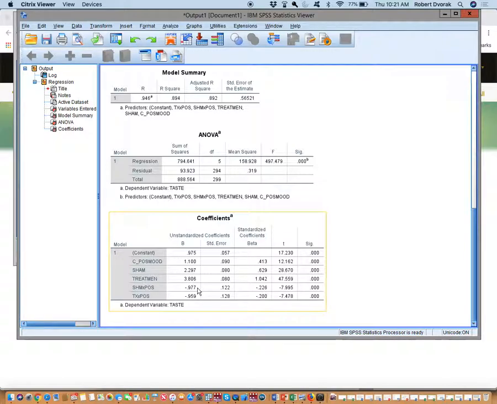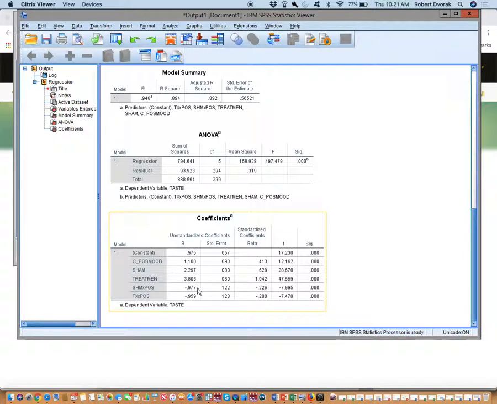That the correlation between positive mood and taste significantly differs when you move from control to sham. Perfect. When you move from control to sham, the relationship between positive mood and taste is significantly different.